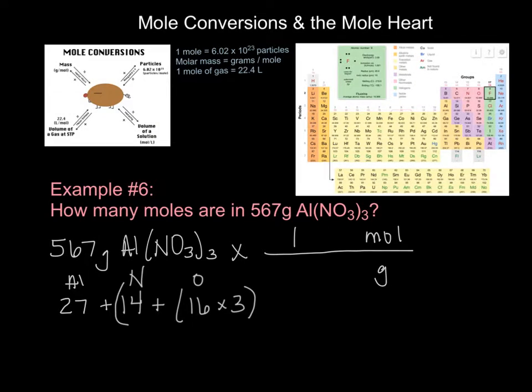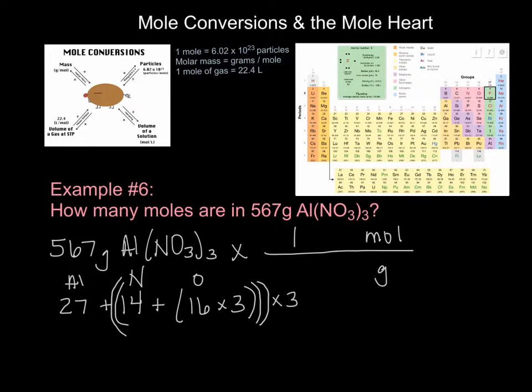And then I have 3 of these nitrates in order to balance the charge with my aluminum. So I have to multiply this whole thing by 3. So put double parentheses there. And I suppose this should be triple parentheses. So I'm going to have 14 plus 16 times 3.